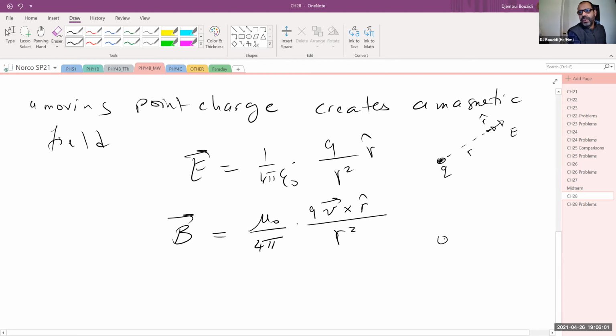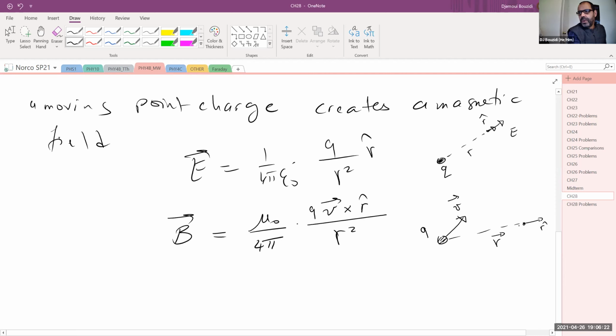Let me represent it again. We have a charge now in motion, so it has a velocity vector v. This is q, and that is the direction of v. I go to a point P in space that is situated at a distance r from the charge. So there is an r vector, and this is your r hat.